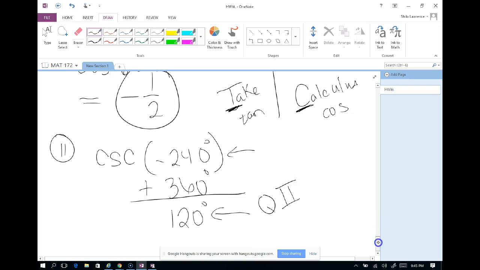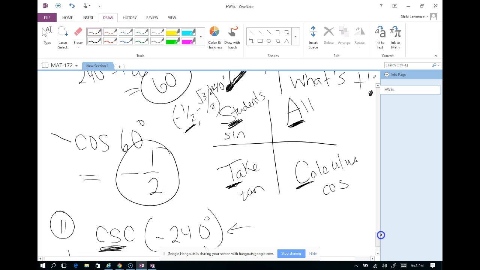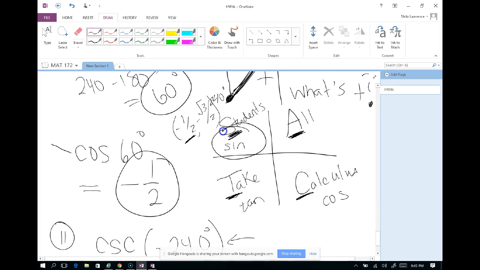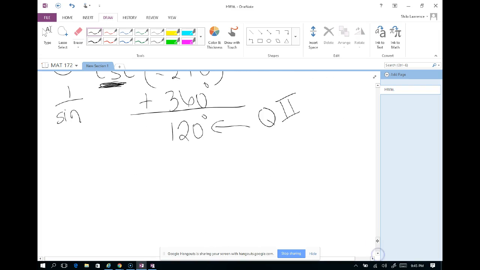In quadrant 2, now we're being asked for cosecants. Cosecant is the flip of sine. So in quadrant 2, sine is positive. So flipping it is still going to make it positive.